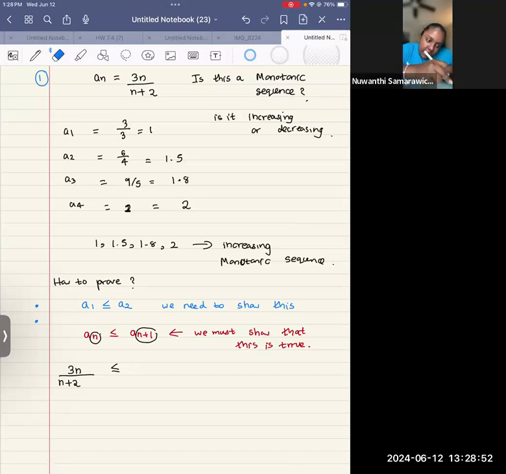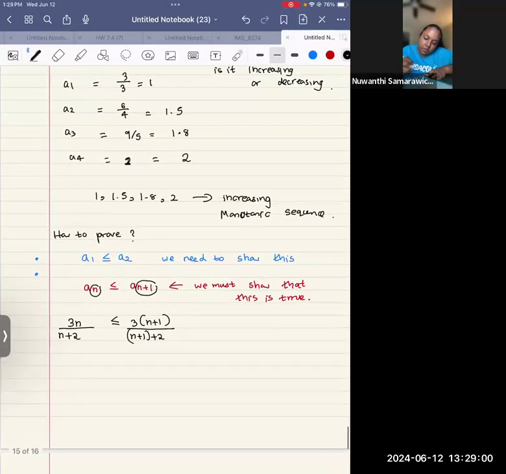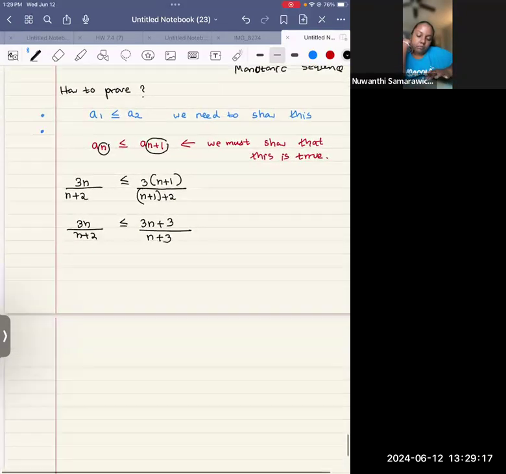So replace n with n plus 1: n plus 1 plus 2. Distribute: 3 multiplied by n plus 3. You will get n plus 3 in the denominator.